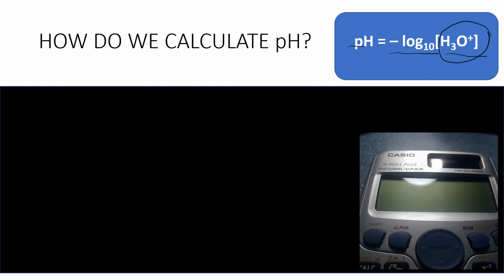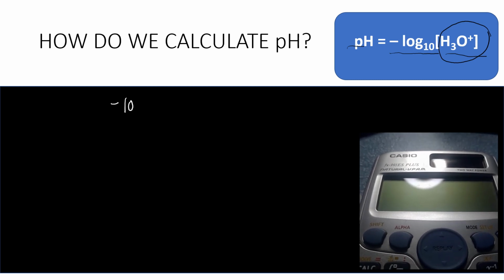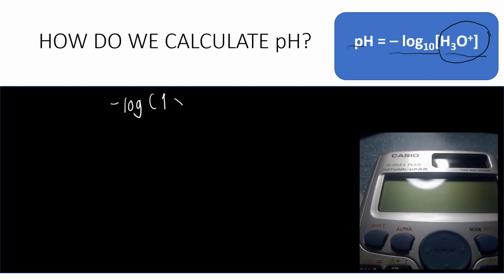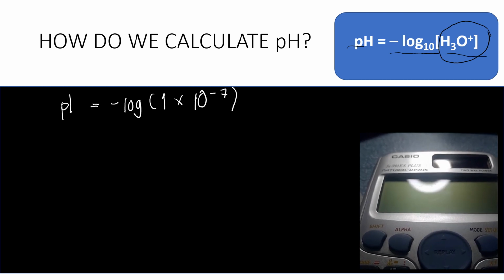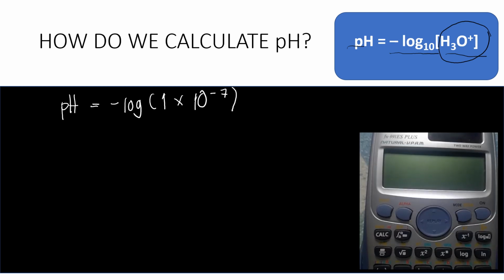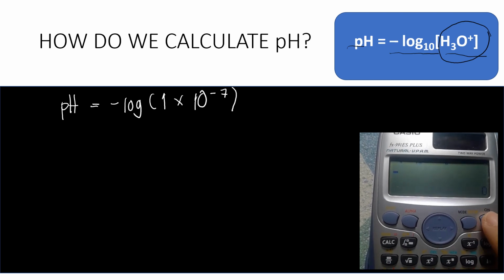Try it in your calculators. Input negative log 1 times 10 raised to negative 7 and find out what the pH is. So this is hard to do. Turn on.